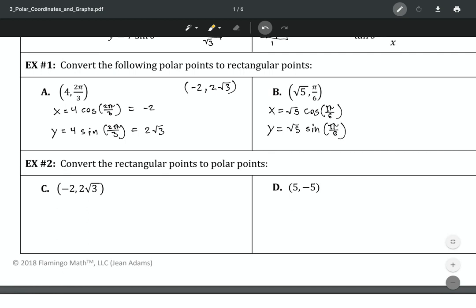For example, this would be square root of 5 times the square root of 3 over 2, and sine of pi over 6 is 1 over 2, so this would just be square root of 5 over 2. The answer for this one, if you multiply square root of 5 times square root of 3, is the square root of 15 over 2, and this is the square root of 5 over 2. All right, so that's it for that.